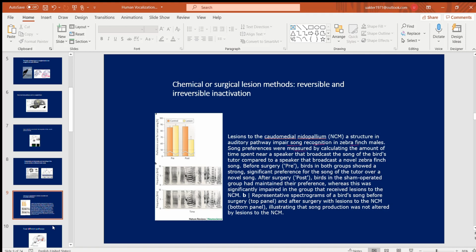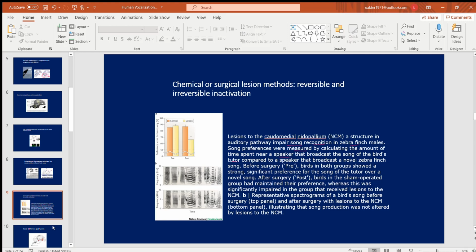Okay, they just used speakers, and in the experimental chamber, they set up the speakers and broadcast the song of the bird's tutor.